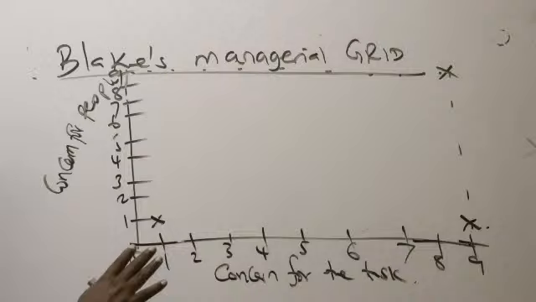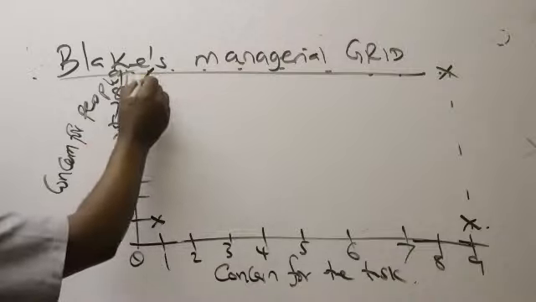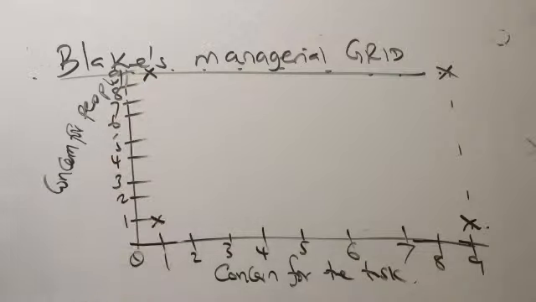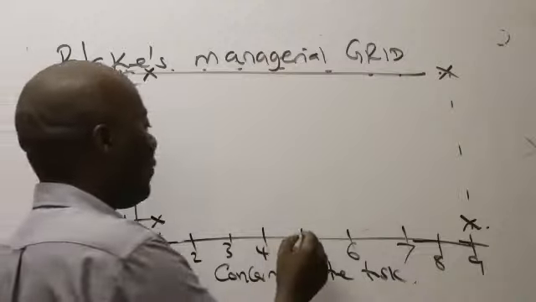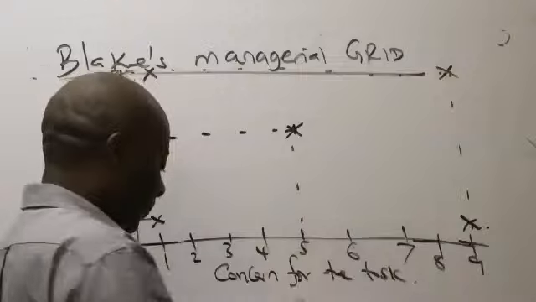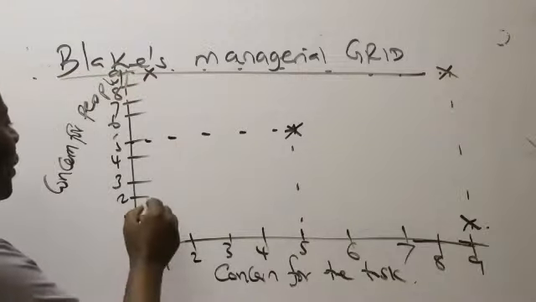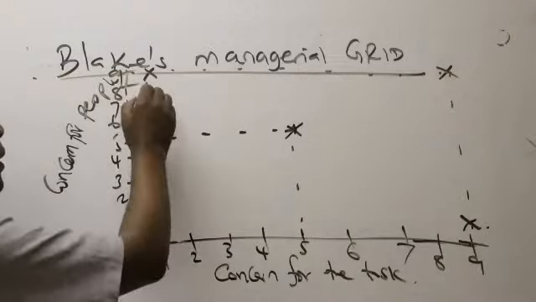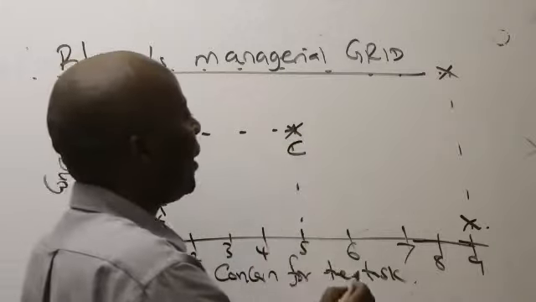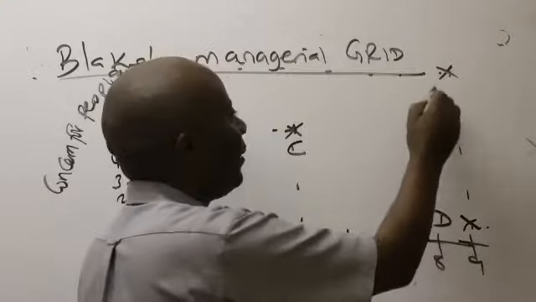And then we have this other guy who operates at 9 versus 1. And then we have the middle guy, 5, 5. So I'll call the manager here A, the manager there B, the manager there C, the manager here D, and the manager there E.